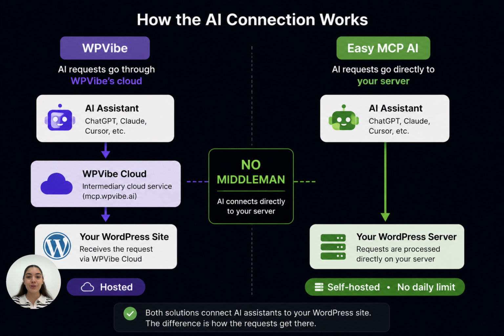At the end, both Easy MCP AI and WPVibe solve the same problem, connecting AI assistants with WordPress websites. The primary difference comes down to where that connection happens. WPVibe provides a convenient hosted approach, while Easy MCP AI gives you a self-hosted experience where AI communicates directly with your own WordPress server.